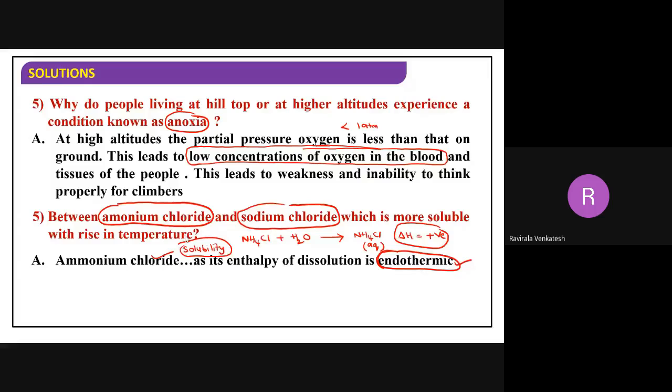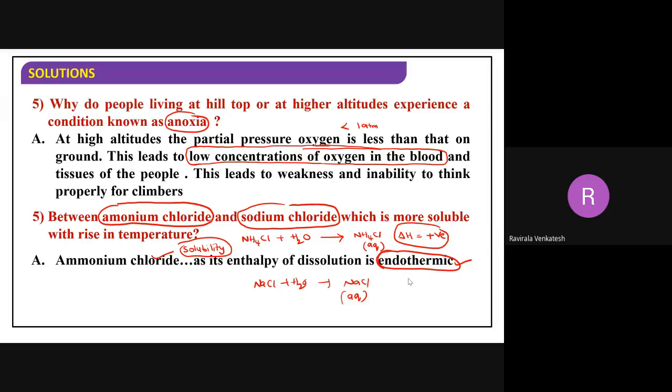Even if you don't know the concept, what you have to remember: for an endothermic reaction, on rise in temperature, solubility increases. And for sodium chloride, it is an exothermic process. When you dissolve it in water, heat will be liberated. If we increase the temperature, already heat is liberating.